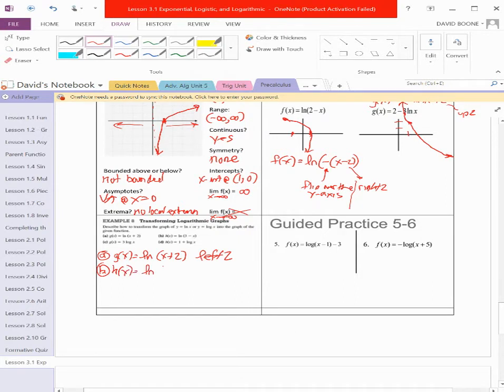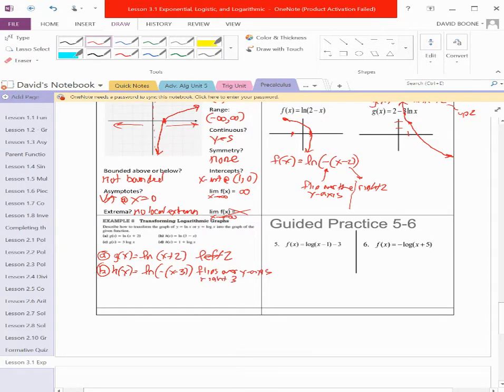Now again, I'd probably factor that negative. So do a negative and then x minus 3. Because then I can say that this is, again, inside by the x, so it flips over the y-axis and then moves to the right 3.